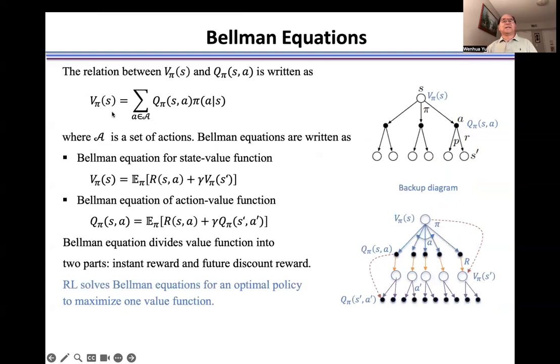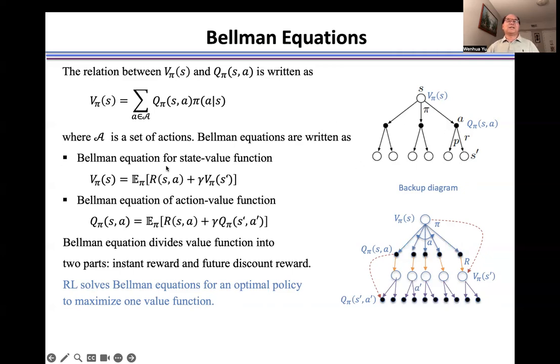Once we have the state value function and action state value function, through this backup diagram, we know their relationship through the policy pi is here.